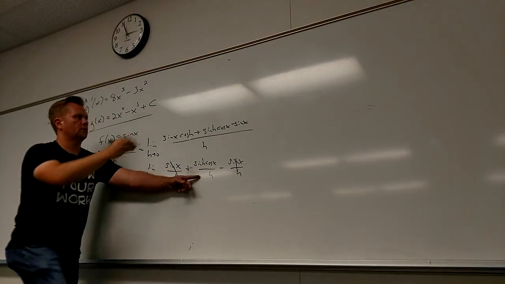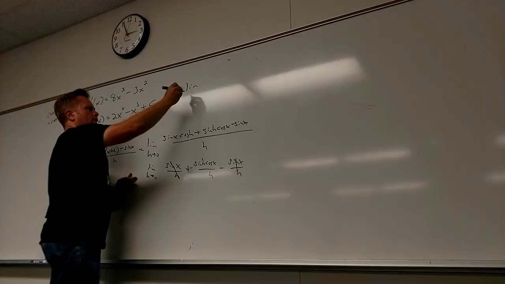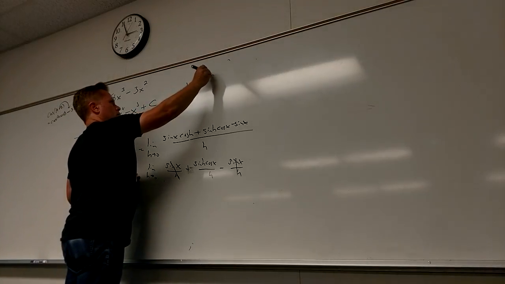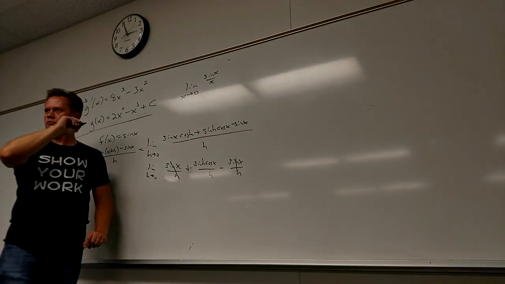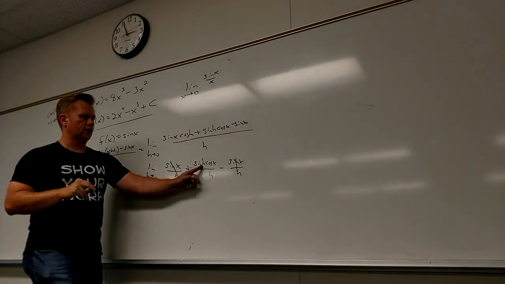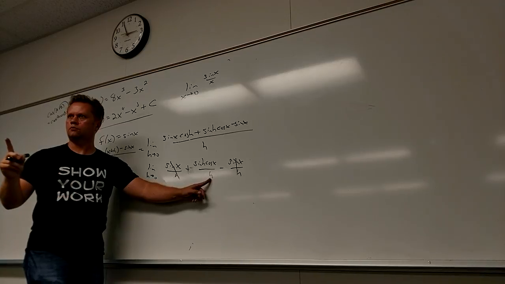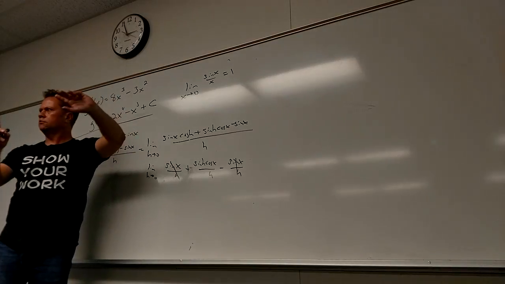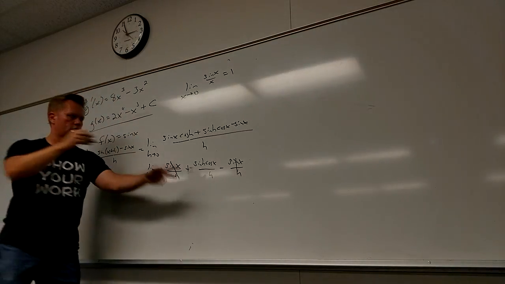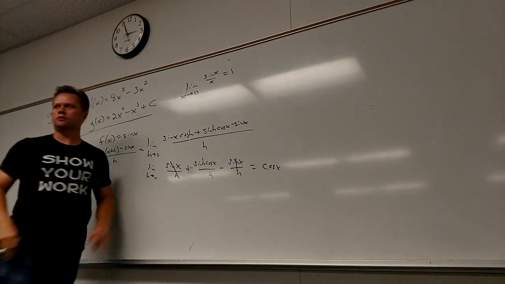And didn't we talk about this earlier this semester? Yes? So this sine h over h actually goes to 1. Remember that was 1? So this is showing you that the derivative of sine is cosine.